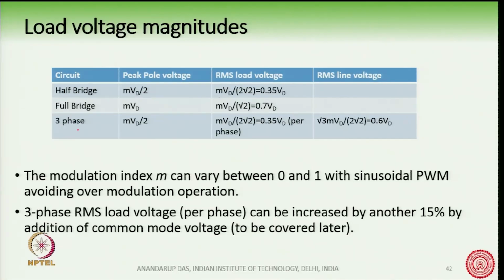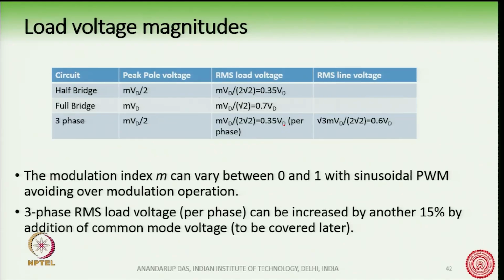Now, in case of a 3 phase system, the peak AC component of the pole voltage is again m Vd by 2, and so the RMS load voltage is m Vd by 2 root 2, that is 0.35 Vd per phase.